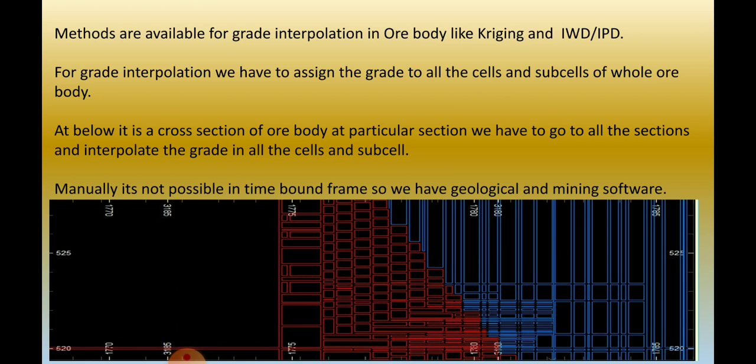So how can the grade be interpreted in that ore body? We have already learned in geology and geostatistics that there are methods like Kriging and IDW or IPD, inverse power distance, for interpreting the grade in the ore body.